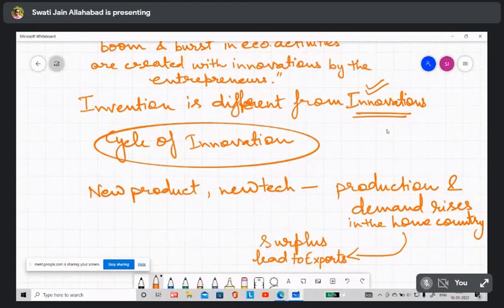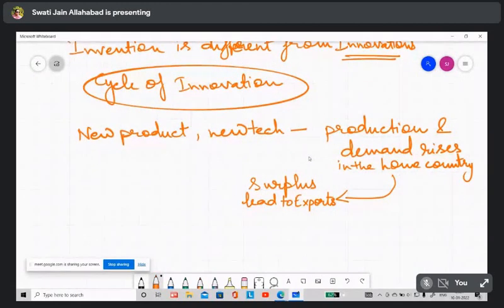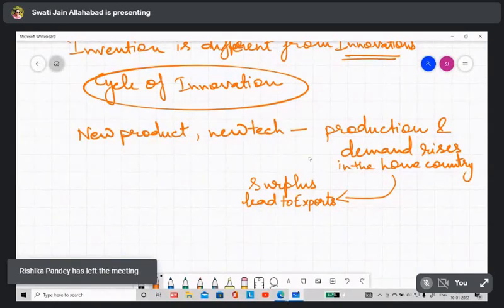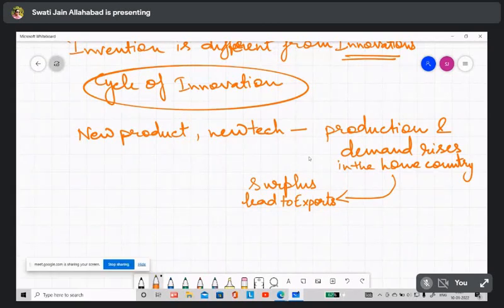Because of this export, there will be more earnings for this innovator or the entrepreneur. Now, with export, foreign consumption of this new product or new technology or new way of organization also increases. So then imitation will start.